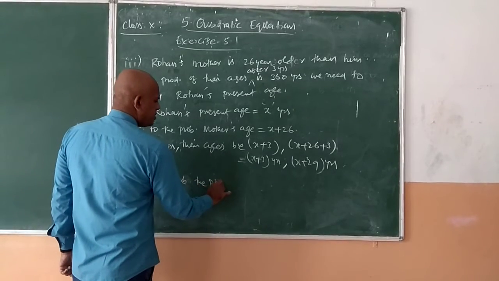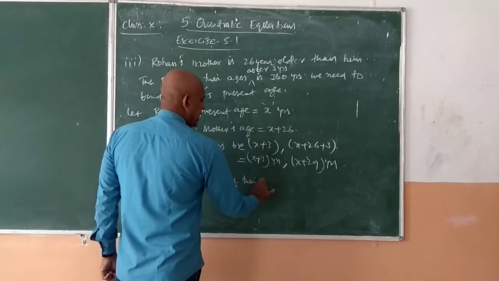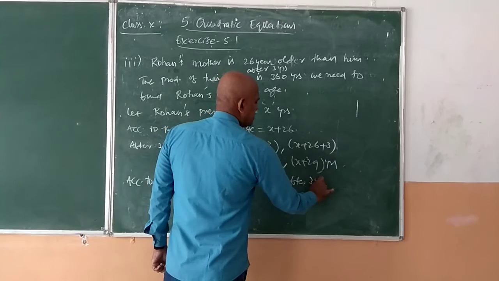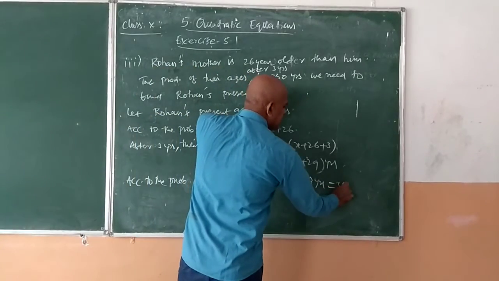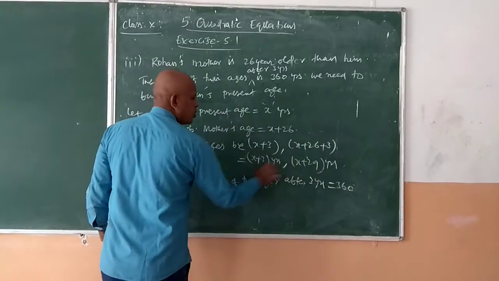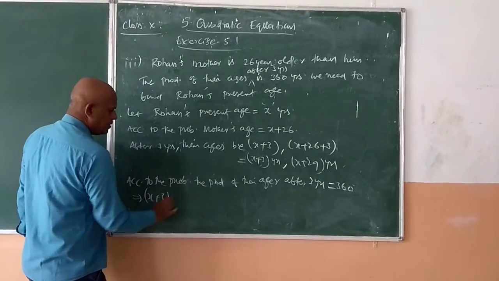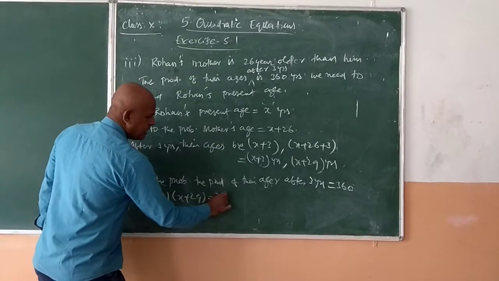the product of the ages after 3 years is equal to, how much is given here? 360. So let us take these two products, which implies x plus 3 into x plus 29 is equal to 360.